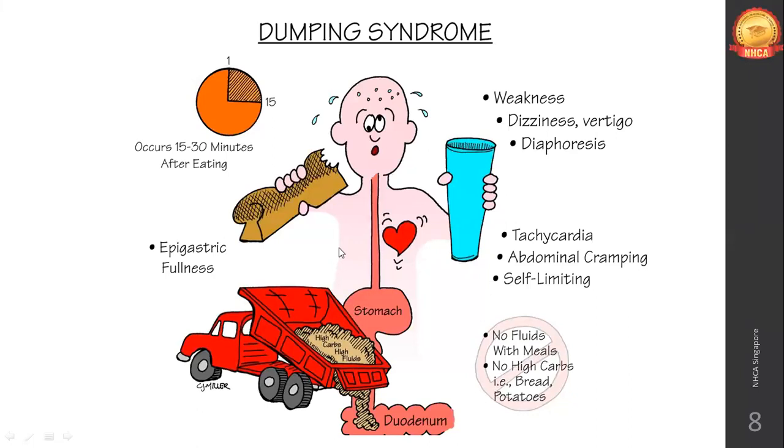When it leaves the stomach, we call it gastric emptying. There is a regulated way in which the food will go out from the stomach into the duodenum, which is the part of your small intestine. Okay, so it is in a regulated mode. Bit by bit, a small bolus of food will enter the duodenum. Okay, that's the normal way.